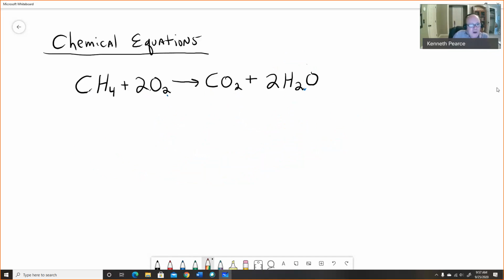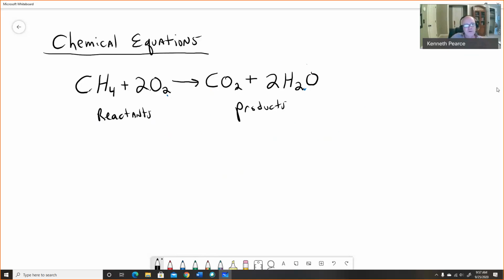Now, the left-hand side, we're going to call the reactants. And the right-hand side of the arrow, we're going to call the products. No matter what the equation looks like, whether you think it looks right or not, if it's left of the arrow, it's reactants. And if it's right of the arrow, they're products.